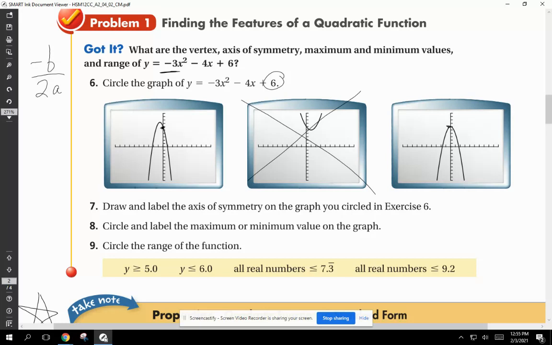A negative 4 is just 4. And then negative 3 times 2 is negative 6. So 4 over negative 6 equals negative 2/3, right? So negative 2/3 should be the axis of symmetry. This is your AOS formula, right? So which one has negative 2/3 as your axis of symmetry? This one or this one?